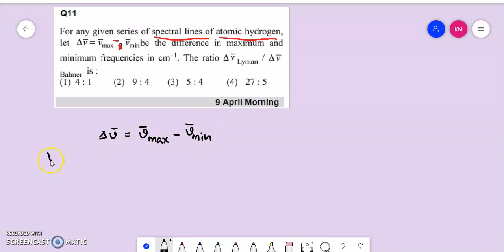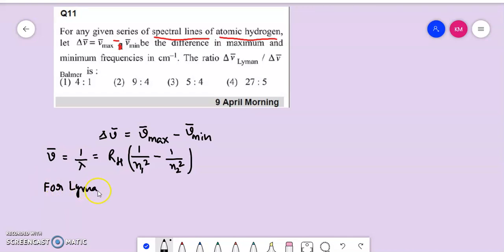But we have the formula nu bar is equal to 1 by lambda is equal to RH, Rydberg's constant, of 1 by n1 square minus 1 by n2 square. Now let's take the first series, the Lyman series.